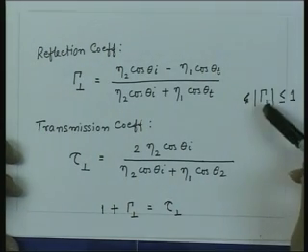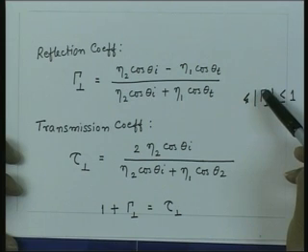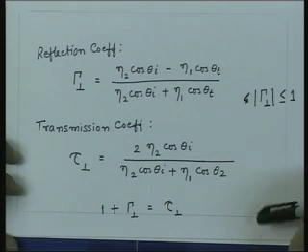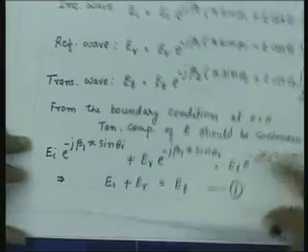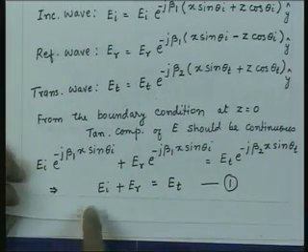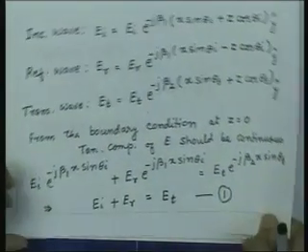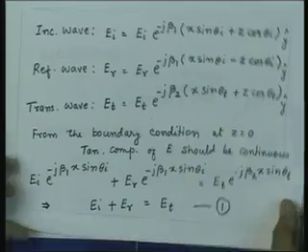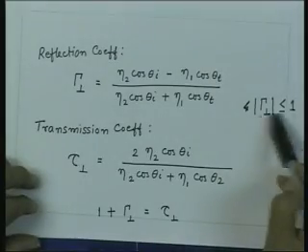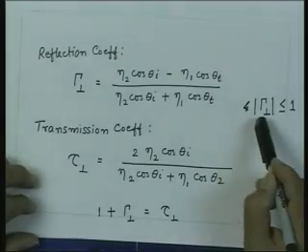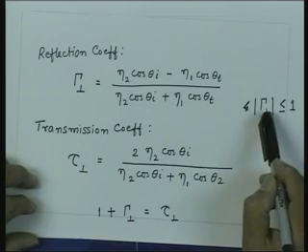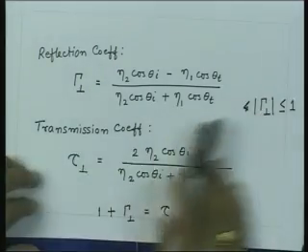Now, if you recall, gamma is the reflection coefficient, and the Poynting vector is proportional to mod E square. So, if gamma is less than 1, that means the Poynting vector magnitude for the reflected wave is always less than that of the incident wave.